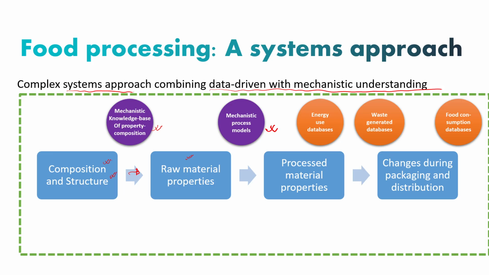So mechanistic process models can take these raw material properties that have been predicted by other mechanistic models for property prediction, and then mechanistic process models would give me the processed material properties, meaning it will give me the properties of the bread, starting from the dough.